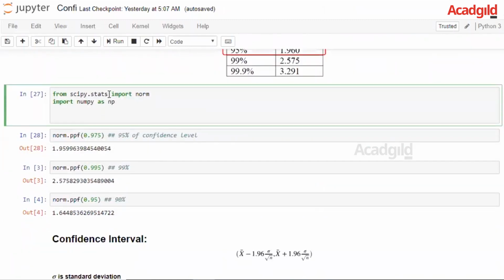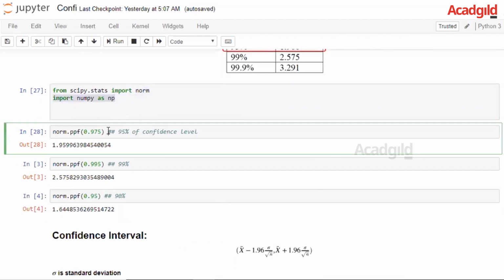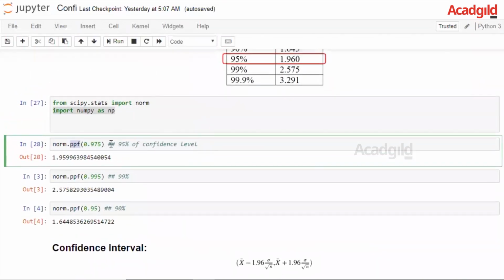So I have gone ahead and imported the stats module from the SciPy library, imported norm, and also imported numpy as np. Here, to find the critical value for 95%, I am using norm and the method ppf, which is the percent point function, also called the inverse cumulative distribution function. This gives us the Z critical value for 95%.